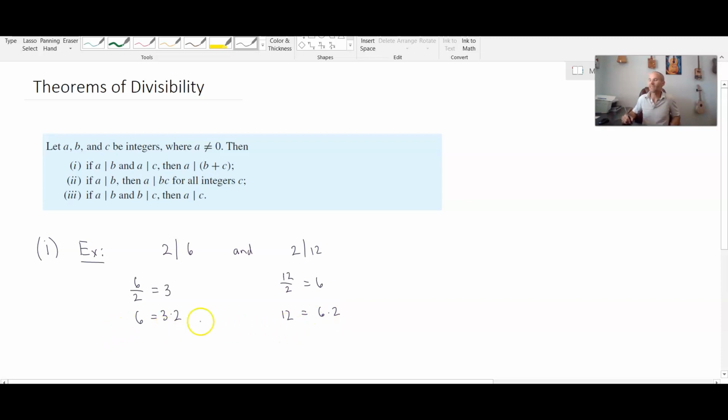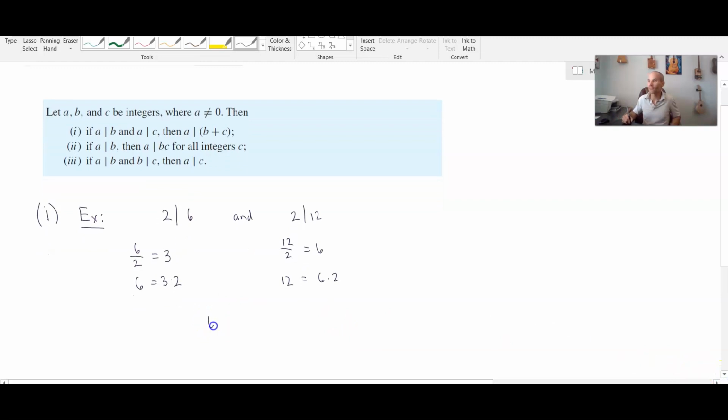Now, if we were to add 6 and 12 together, and attempt to divide that by 2, then one thing we could do is use these other ways of writing 6 and 12. So this is equal to 6 is 3 times 2, 12 is 6 times 2, and we're dividing that whole thing by 2.